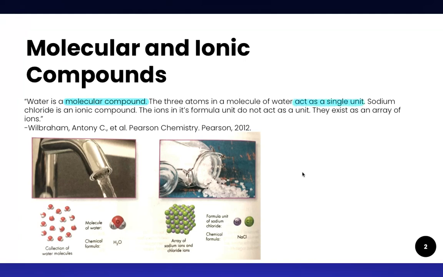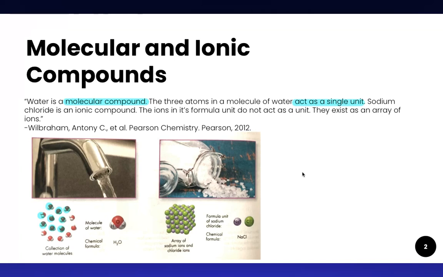So you can see here they have lots of single water molecules that can move whichever way they want to. They can change their orientations, and they mostly just float around, especially in the liquid state or the gas state. It's a little more packed in there in the solid state, but they act as single water molecules.